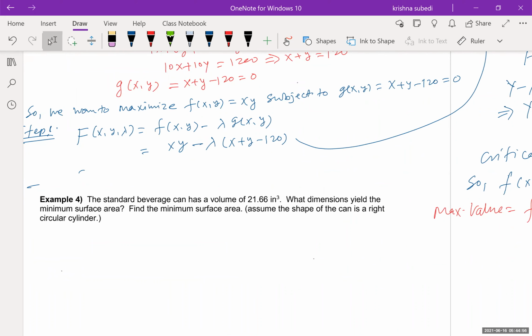It's a very similar idea, and if you have any difficulty, then we'll try it in our next class. But I would like you to do it by yourself first. So this is all about the Lagrange multiplier.